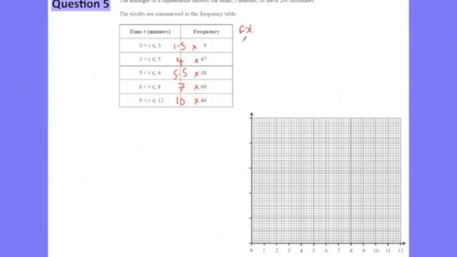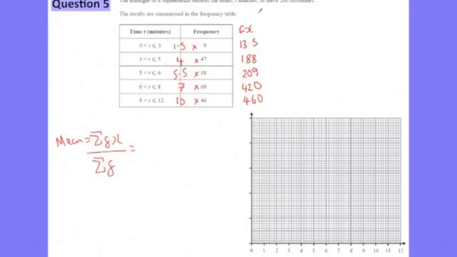Multiplying these together gives us values of 13.5, 188, 209, 420, and 460. To be able to calculate the mean, we must take the sum, the total of fx, divided by the total, the sum of the frequencies.